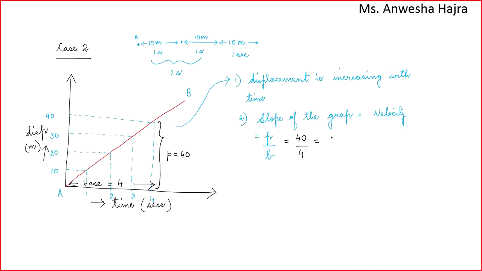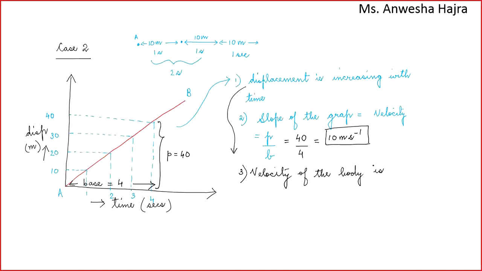So, we can say the velocity is 10 meter per second. The body has a velocity of 10 meter per second. Now, when displacement is increasing with time, we say velocity of the body is positive.